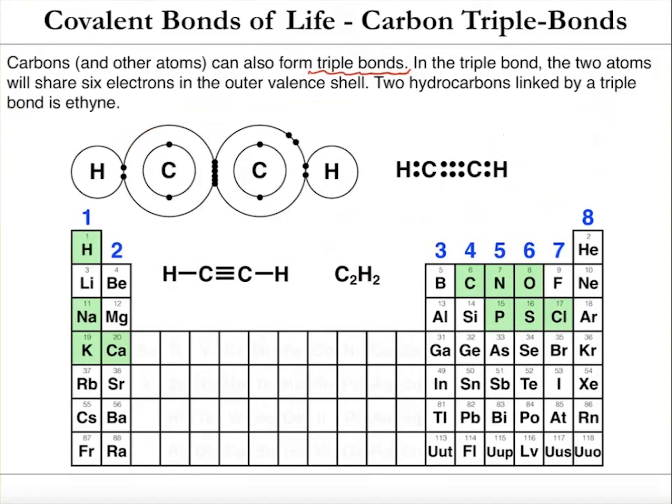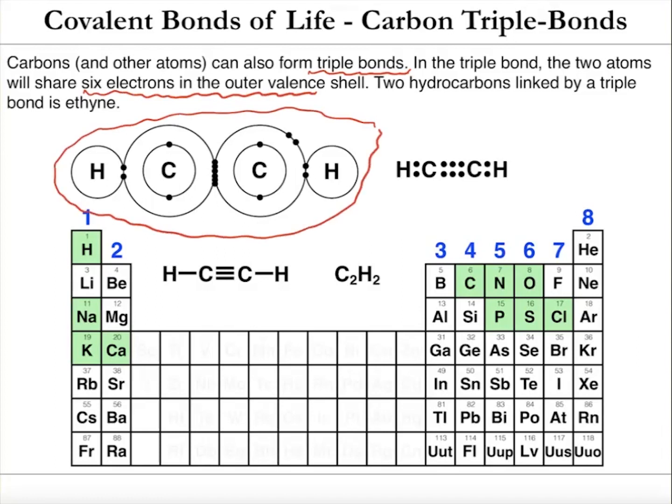In this case, there would be 6 electrons shared between the atoms in their outer valence shell. So we have this depiction of the molecule right here. And right here, you can see there's 6 electrons that are being shared by these 2 carbon atoms. And then the other, number 7 and 8, would be shared with this single hydrogen right here.